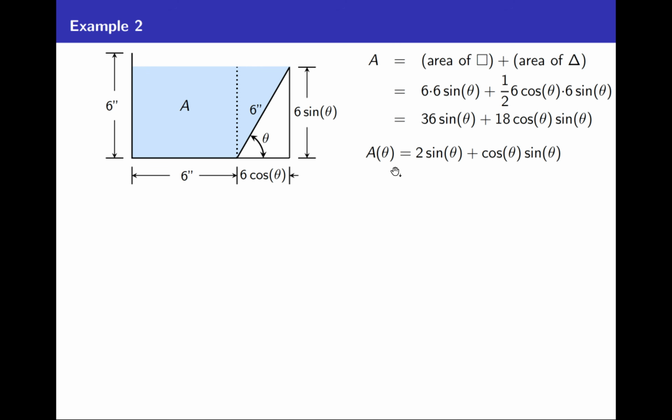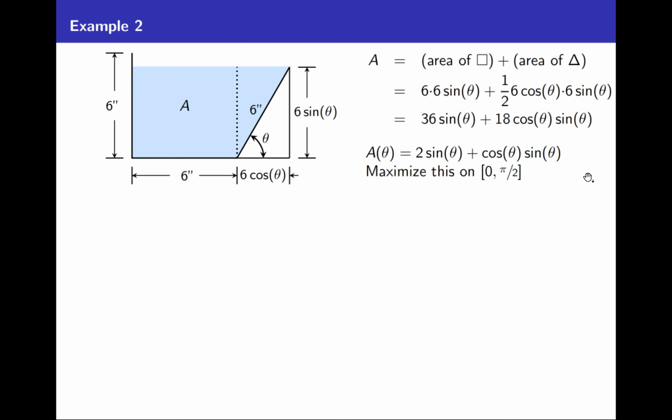So what we want to do here is find a value of theta that maximizes this function, where theta is on that interval between 0 and pi over 2. So we want to maximize this on the closed interval from 0 to pi over 2.